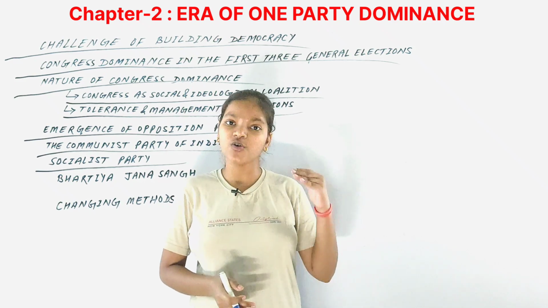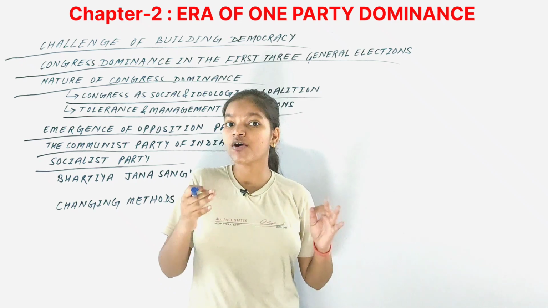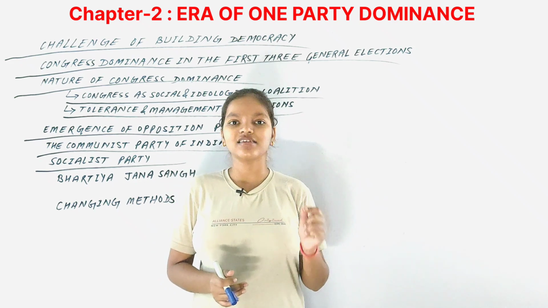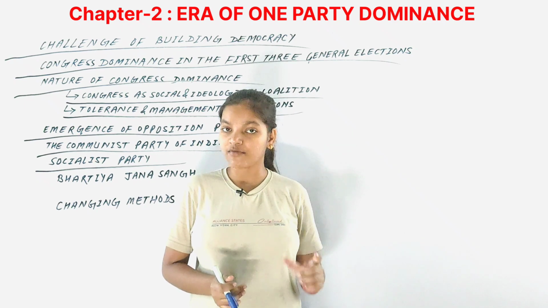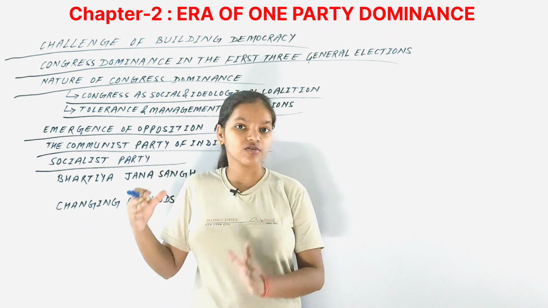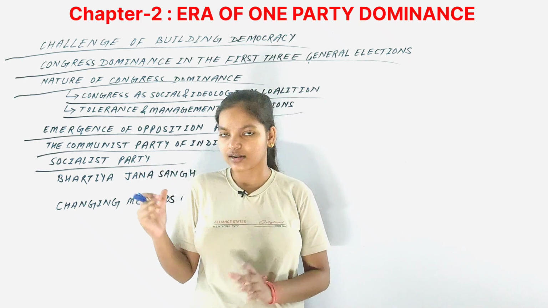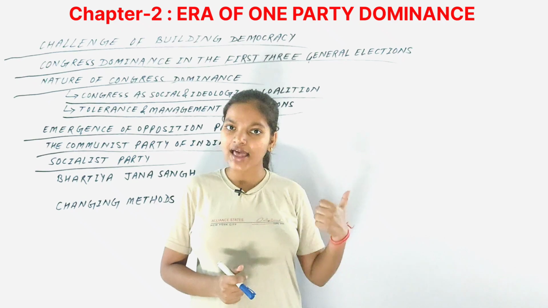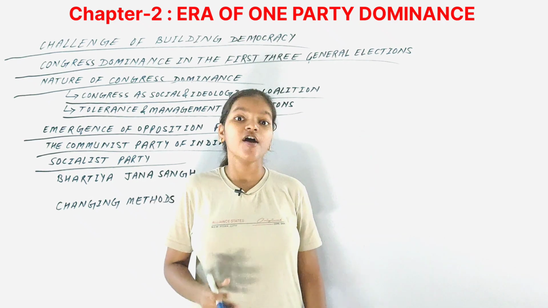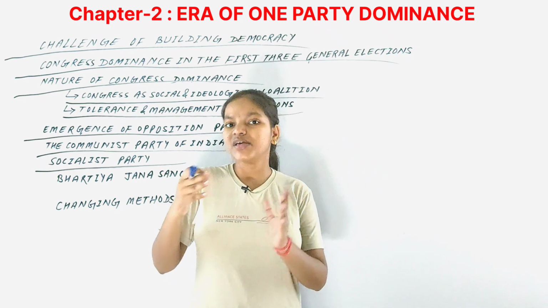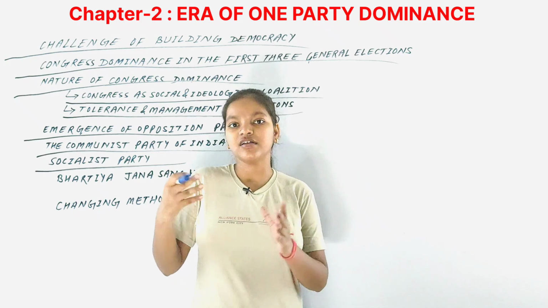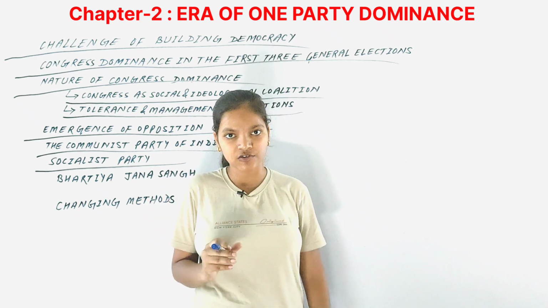It included notable young leaders who wanted democratic socialism in the country, but they faced a dilemma in 1955 when the Congress Party declared its goal to be a socialist pattern of society. Earlier, the Socialist Party always criticized the Congress Party for ignoring the peasants and workers and supporting the capitalists, the industrialists, the landlords of society.